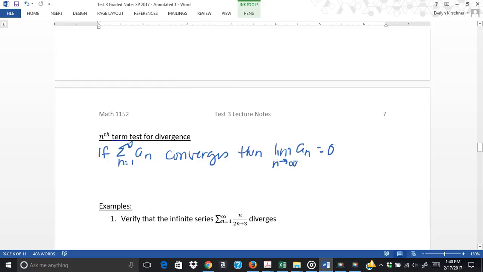Think about it: as a_n gets smaller, eventually you're not adding anything else to the sum, so it will converge. So therefore, if the limit of my nth term is not 0, then I know that my series will diverge.